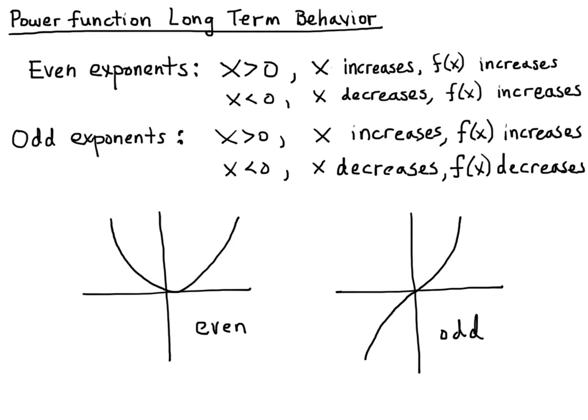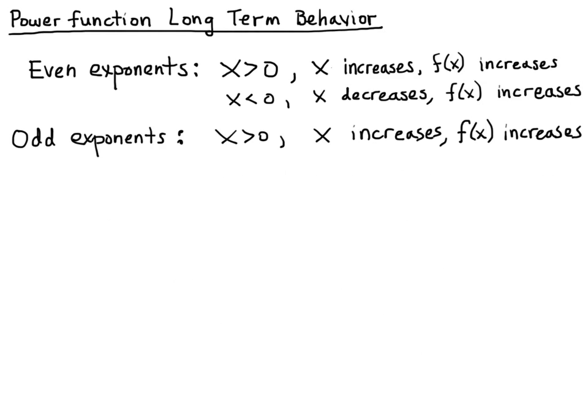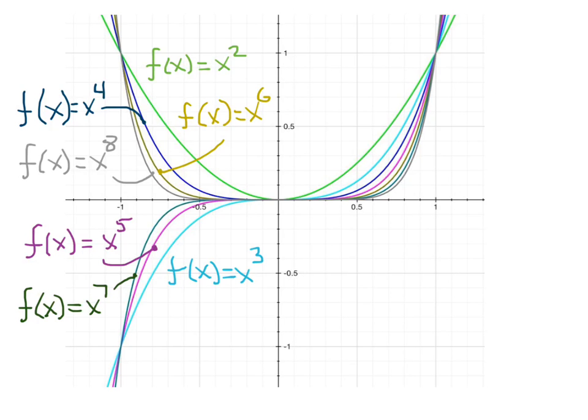One thing that just occurred to me is that maybe I should go back and look at this. If I were to plot f of x equals x to the 0, so long as x is not 0, or I should say x to the first. Here it's just equal to x, so here's an odd number power function, right, because we have 1.